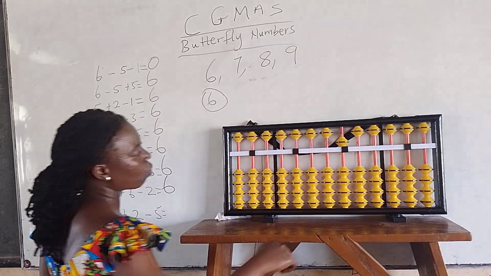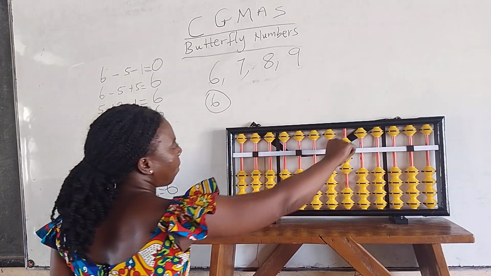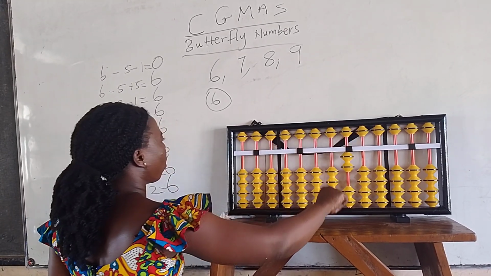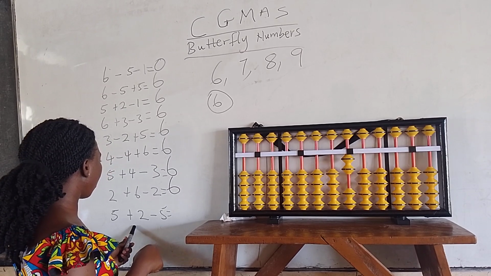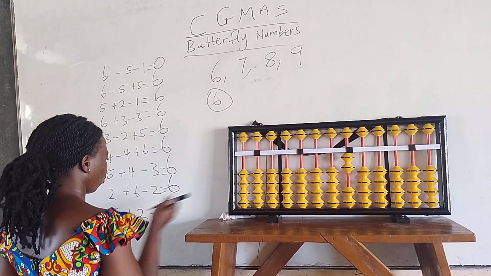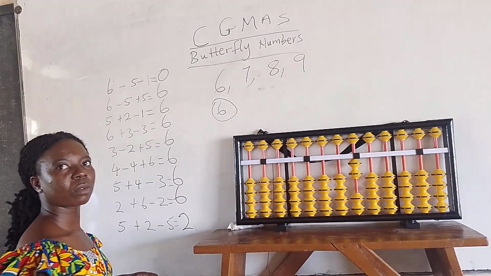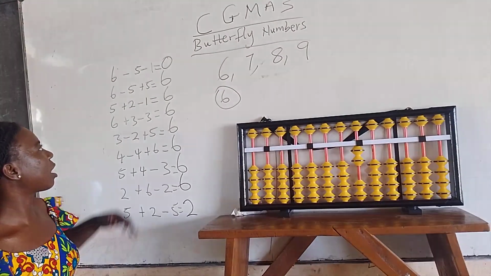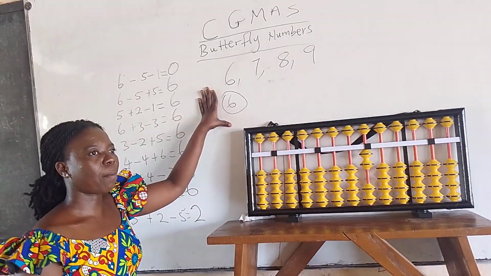Then plus 2, thumb up, 2, minus 5, thumb up, minus 5. What's the result? The result is 2. Very good. So, now we have successfully solved under our butterfly number 6.